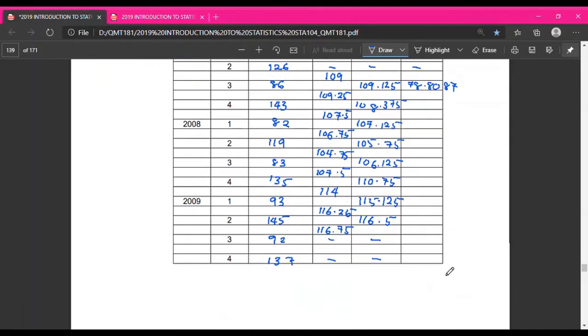Second, 143 divided by 108.375. So it is 131.9493. Next one, 76.5461. Next one, 112.5296.